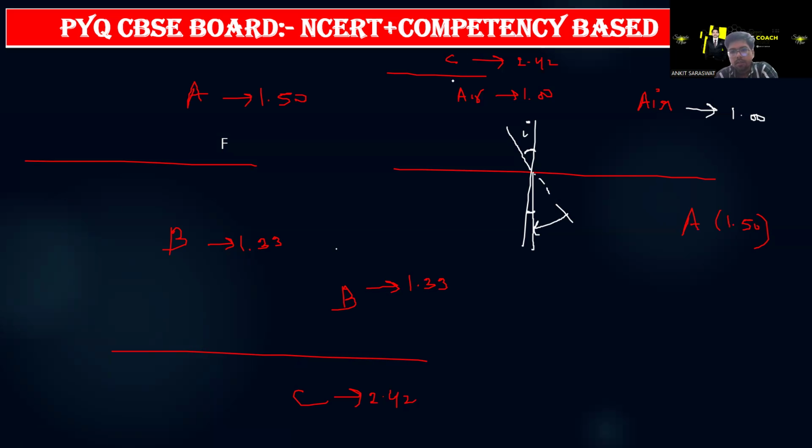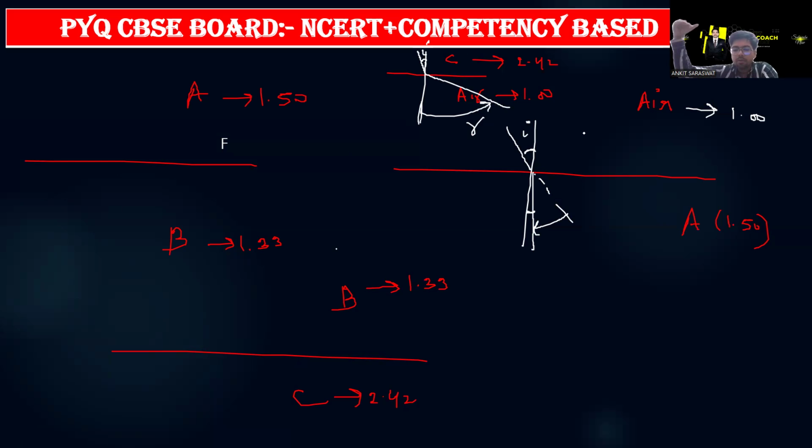Now if it is going from C to air, C has a very high refractive index, but air has a very low refractive index, so it will make a larger angle from the normal. Here bending is more. Understood?